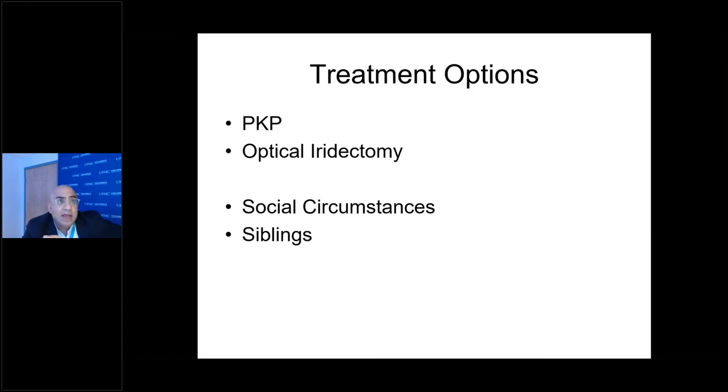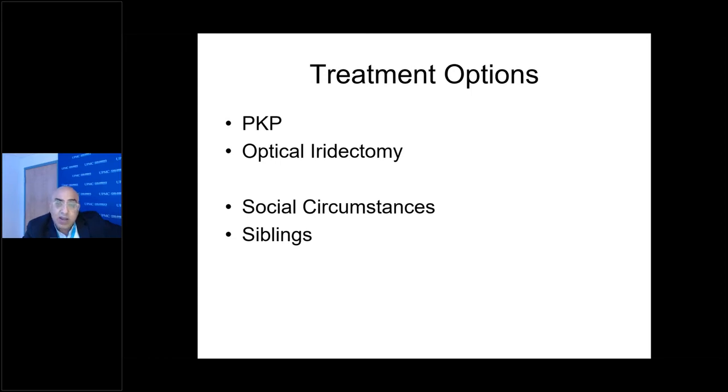If, however, this child is the 8th child of a couple, then there is going to be a certain amount of difficulty in providing the same amount of attention. Now, I'm not saying that that is always a deciding factor, but it is a factor that I discuss with the parents and say, look, if an optical iridectomy is an option, that is an option that we should consider based on the following reasons.